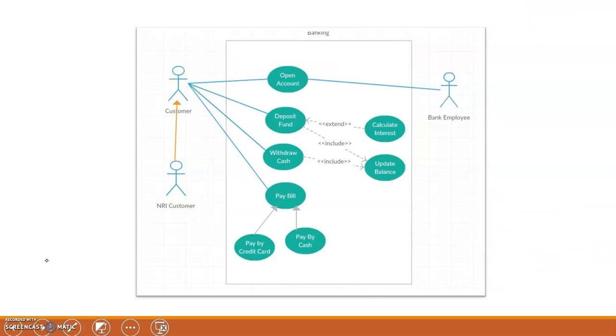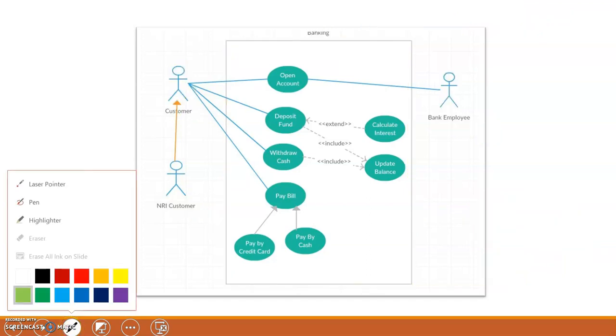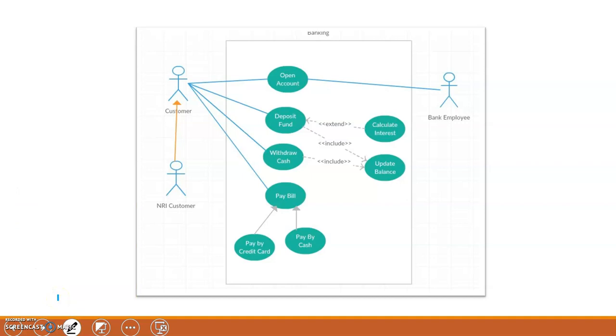After that, see this arrow. Do you remember we learned about generalization and specialization, right? Here we have the NRI customer, but the generalization is customer. It means in general it is a customer.